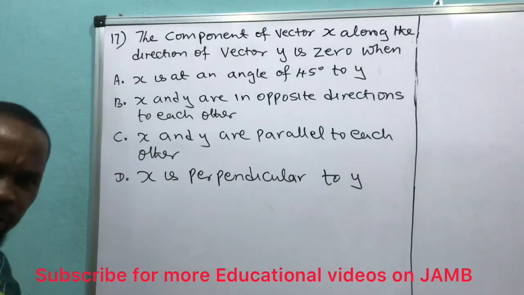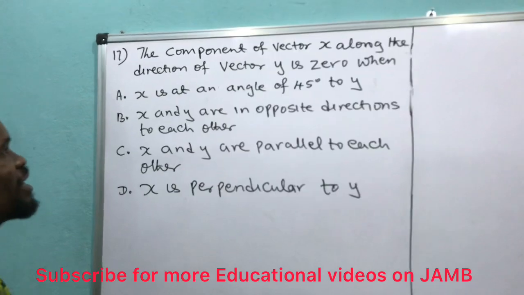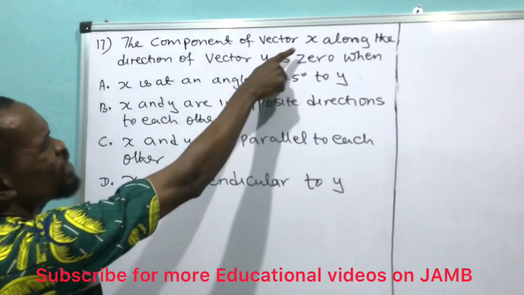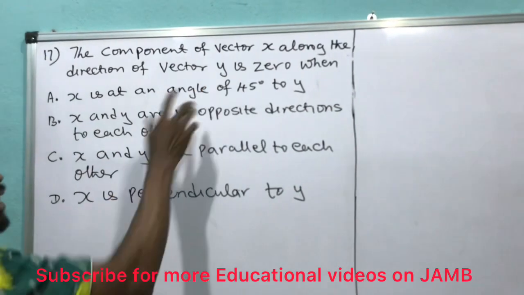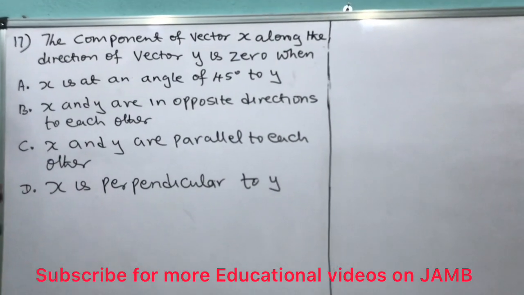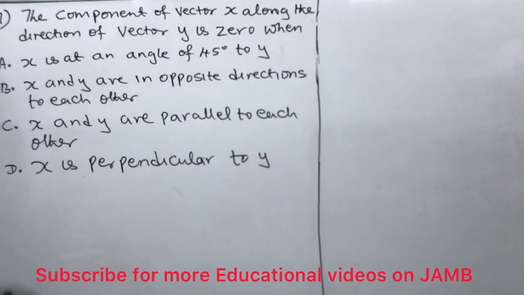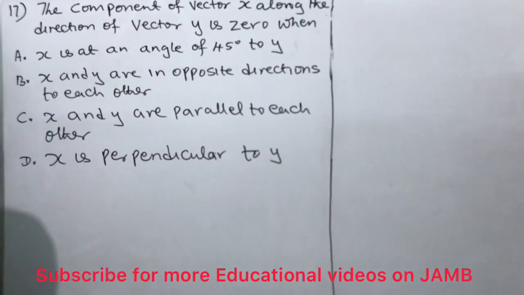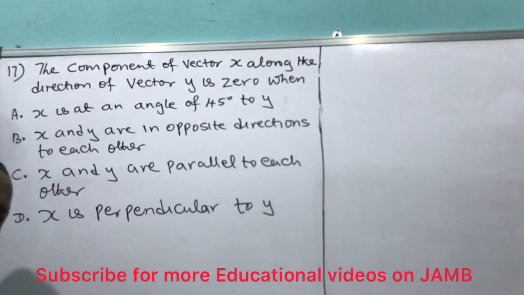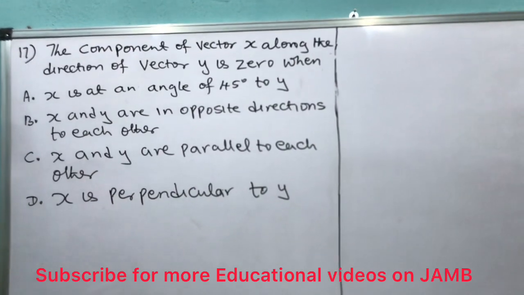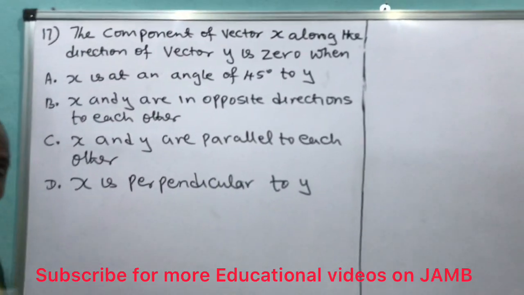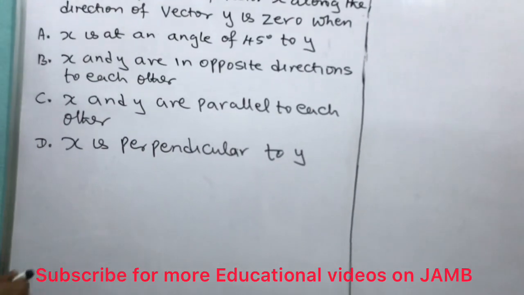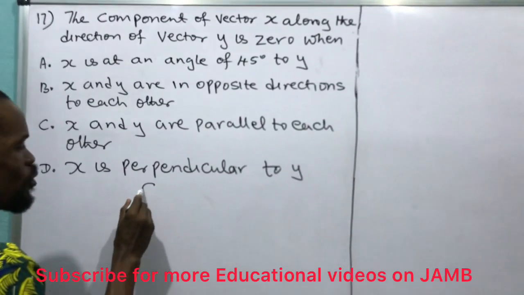Let's go to the question again. The component of vector x along the direction of vector y is 0. When two forces have no component, we have a condition for two vectors not to have a component.